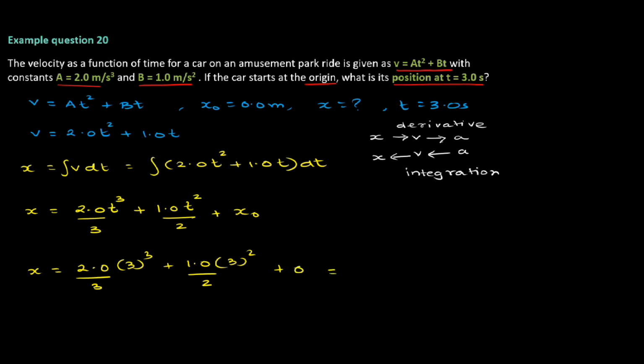When you solve this, you get the position at time t equals 3 seconds to be 22.5 meters. So whenever you have the velocity function v and you need to find position from it, you have to take the integration of v to find x.